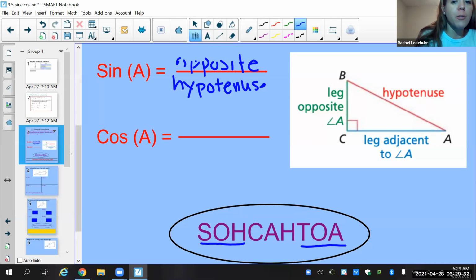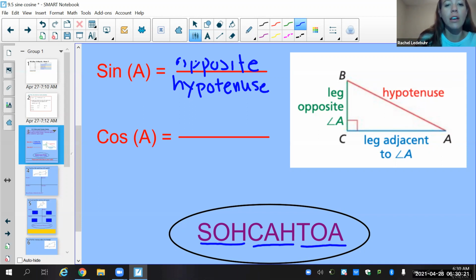Okay. And if you rewind your brains way back to the Pythagorean theorem, we talked a lot about the hypotenuse and how to identify it. So if I'm looking at this sine of A, here's A, the opposite side is opposite that angle over the hypotenuse. Remember, the hypotenuse is the longest side. Well, then cosine, if you look down at your acronym, is AH.